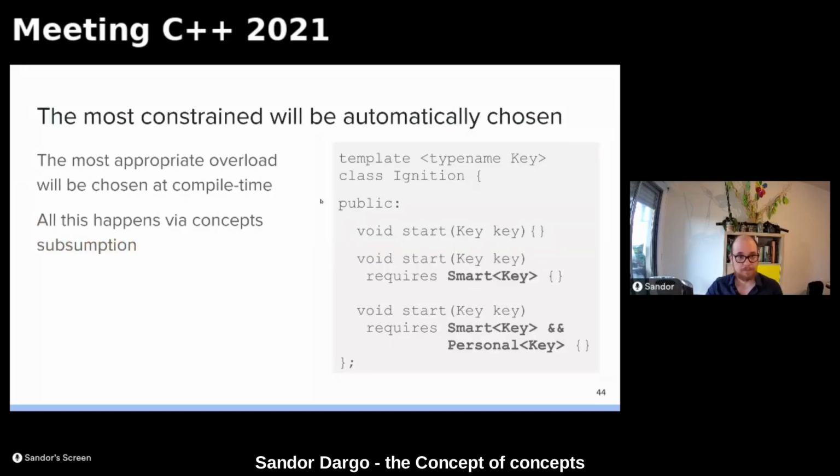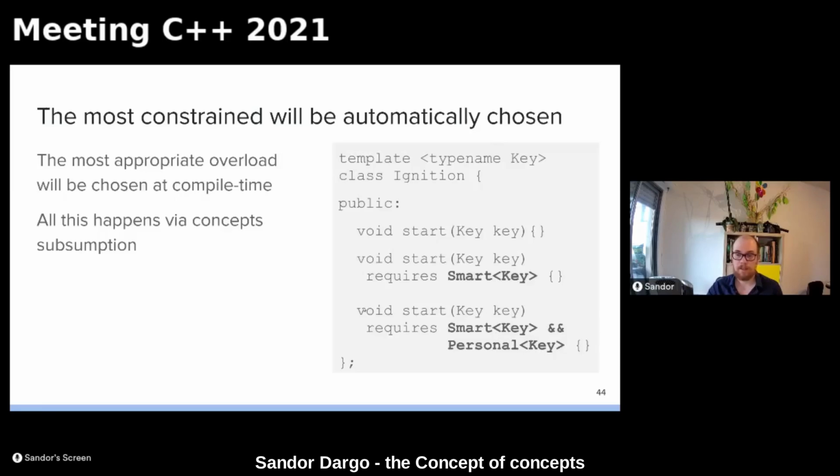But it might happen that you have more than 2 overloads. You have, let's say, 3 overloads or even more, and then the compiler will choose the most appropriate one. So here we write some constraints on the key in this class ignition. We have a generic one. We have one where the key should be smart. We have another one where the key should be smart and personal.